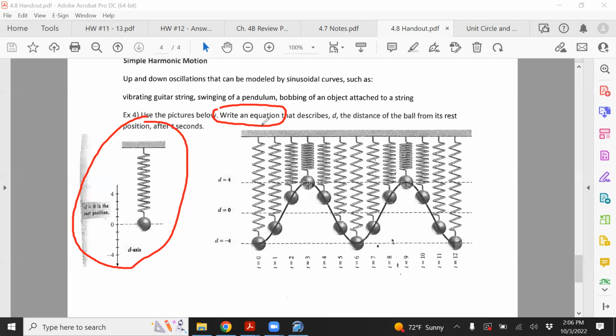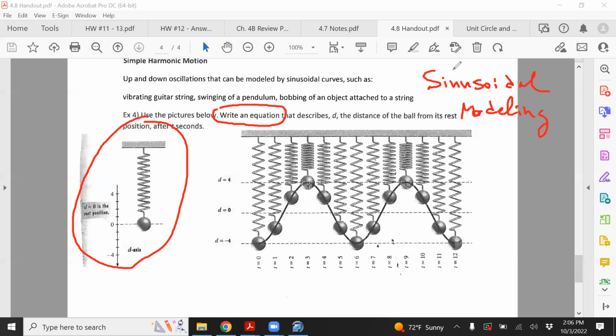Anything that involves springs or rotations, we can model as a sinusoid. So this is called sinusoidal modeling.